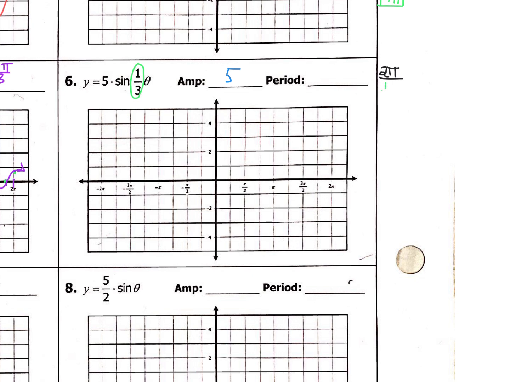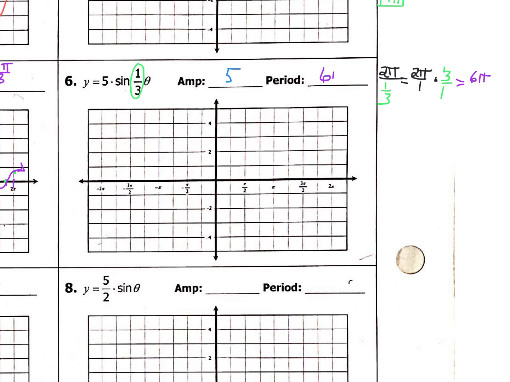So we're going to divide it by 1/3, which means that we're going to keep change flip. So 2 pi over 1, instead of division, we're going to multiply by the reciprocal of 1/3, which means we end up with 6 pi.